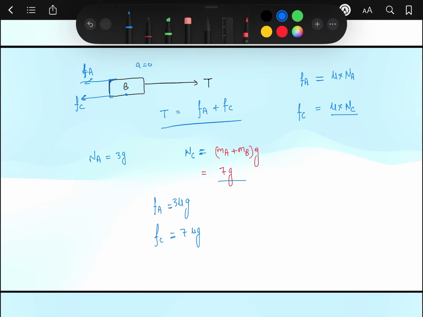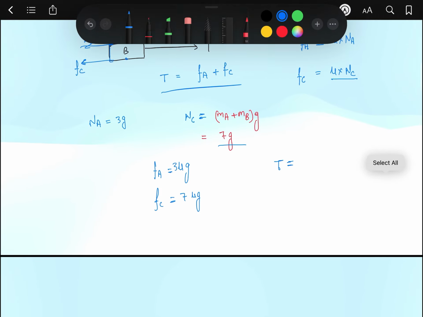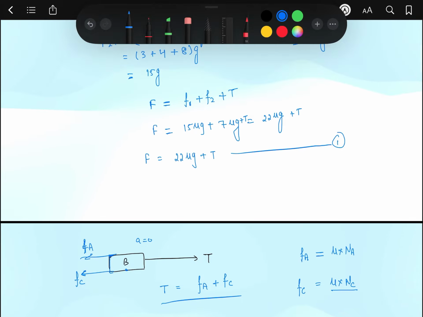So I can write this equation here, that tension force will be equal to FA plus FC, that is 7 plus 3, that is 10 mu G. Okay, so I can substitute this value of tension in equation number 1 here.